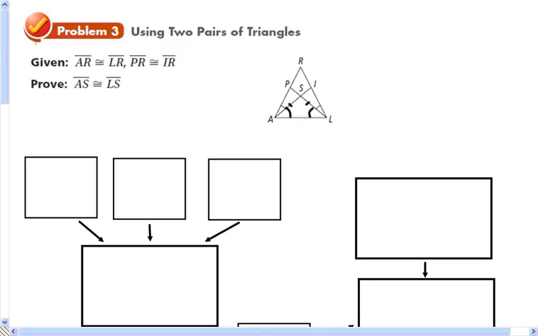And to do that, I'm going to first show that these two triangles are congruent, and then I'm going to subtract those two congruent angles to show that these two are congruent.